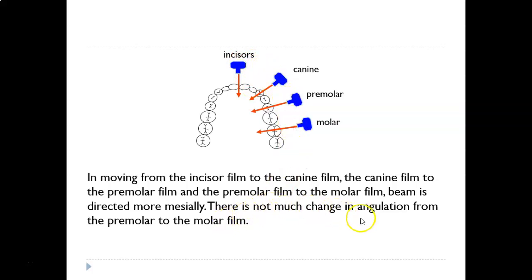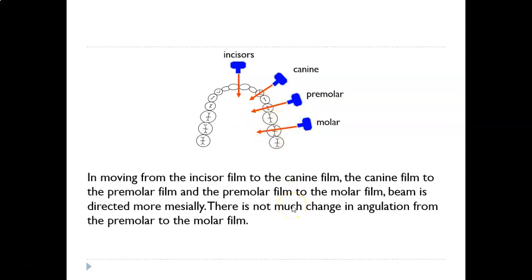There's not much change in the angulation from the premolars to the molars, although sometimes, as I've talked to some of you in the room, our premolar film is a little bit angled, and then we straighten out for the molar because our contacts are more angled, a little bit more posterior, and then you straighten out for the molars.